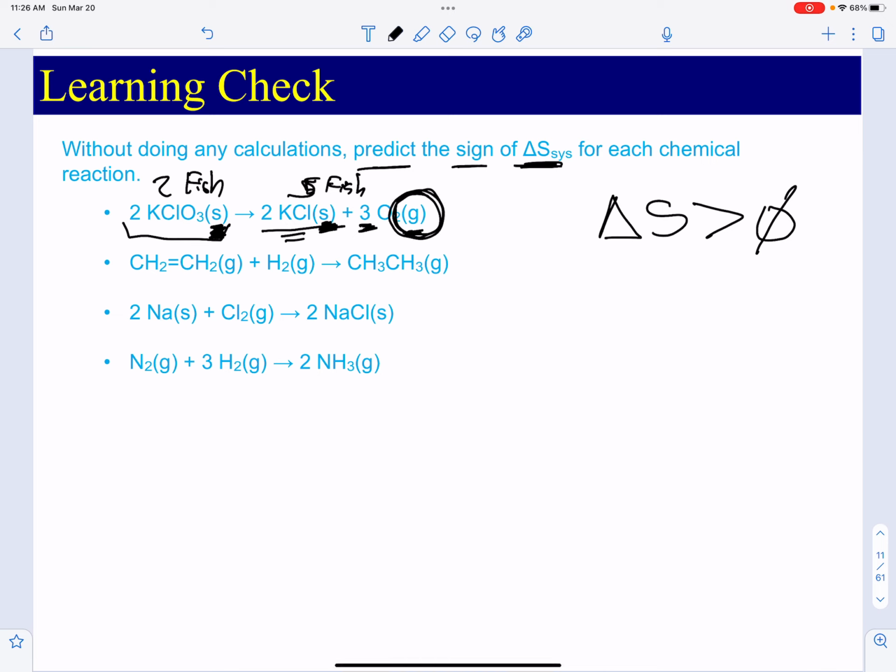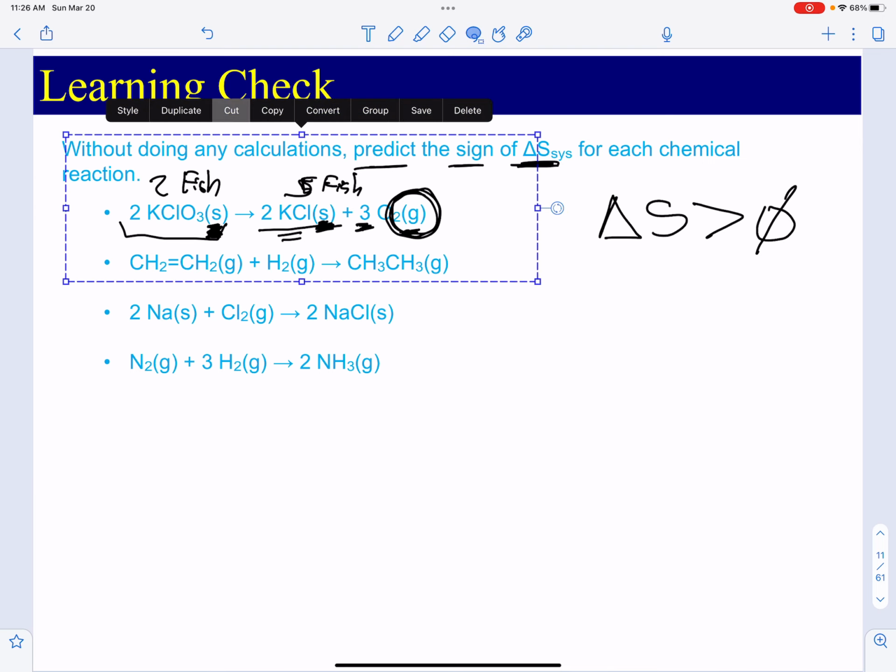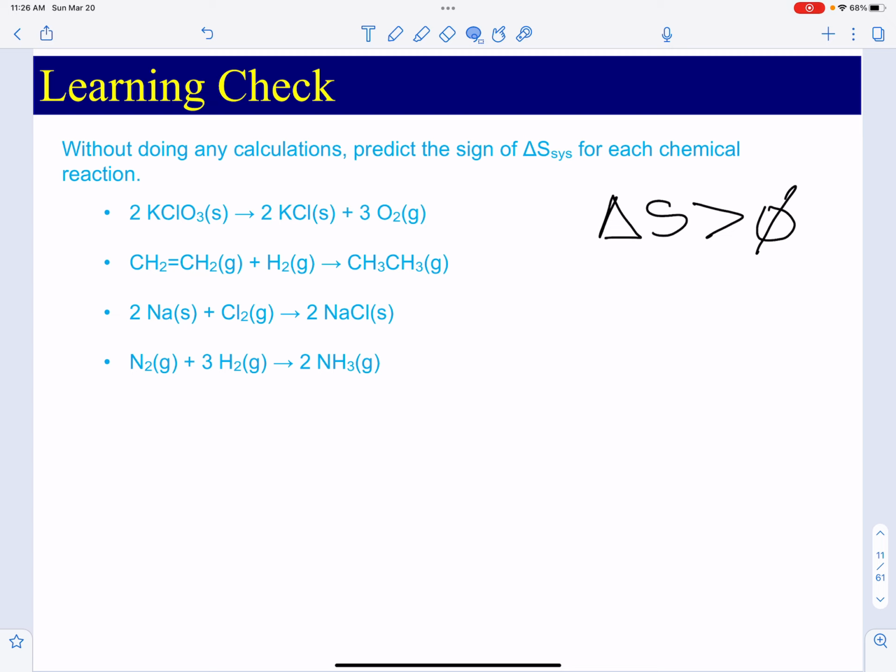Those gas particles are going to be moving faster, which even brings in more randomness. So based on that, since we know the universe tends toward disorder, we can say that the sign of this is going to be positive, bigger than zero.